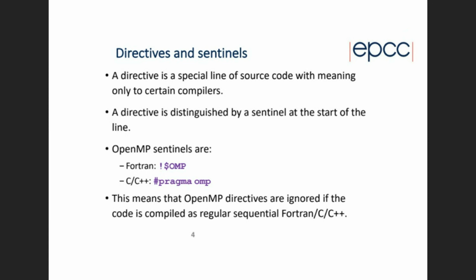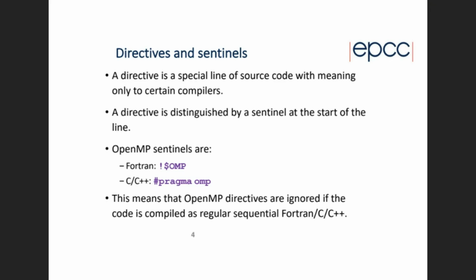So a Fortran compiler will treat that as a comment if OpenMP is not enabled, and the C preprocessor will just treat it as an unknown pragma and ignore it.